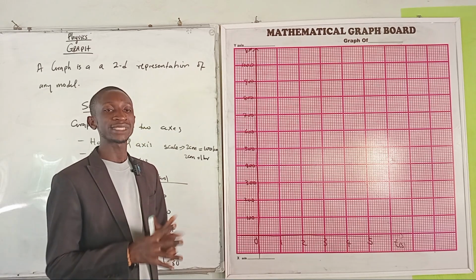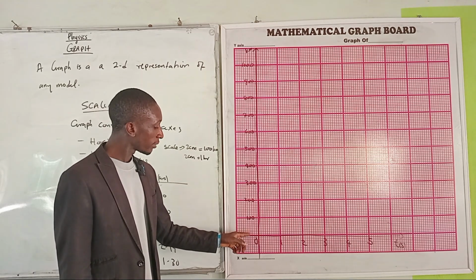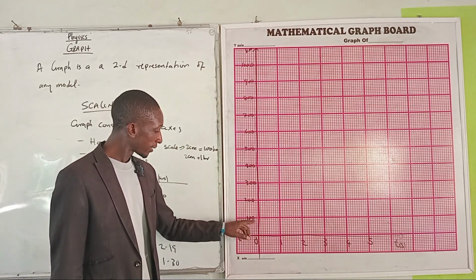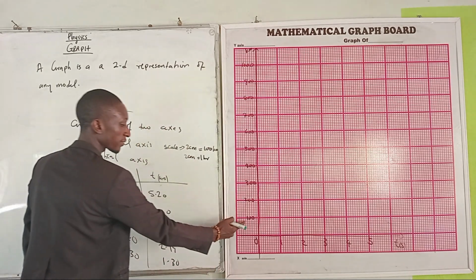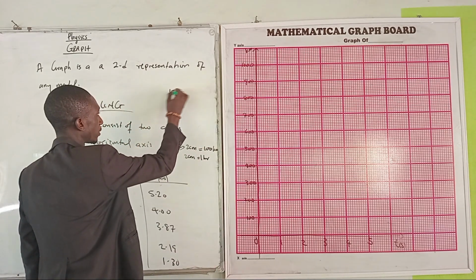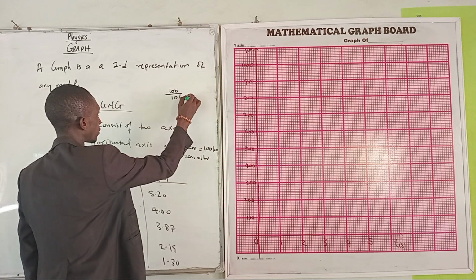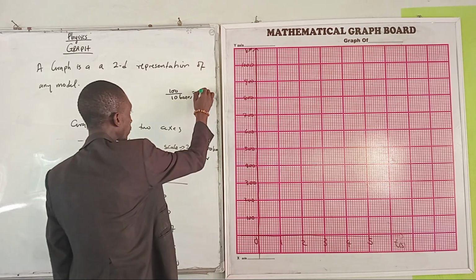So how do I know the value of each of these boxes? This is what you do. You pick the first value, 100, divided by 10 boxes. 100 divided by 10 is equal to 10 units.